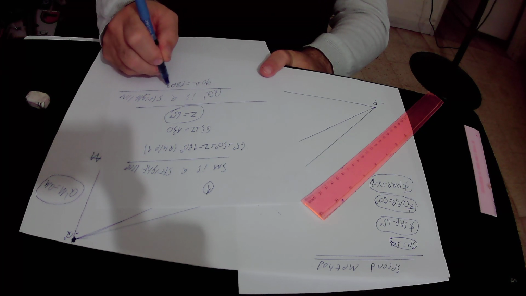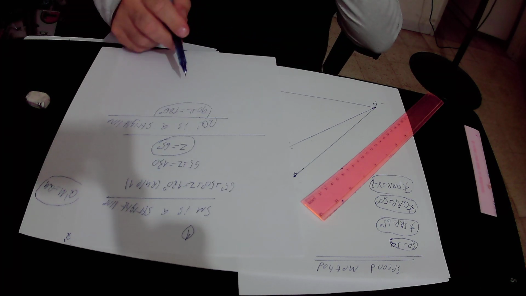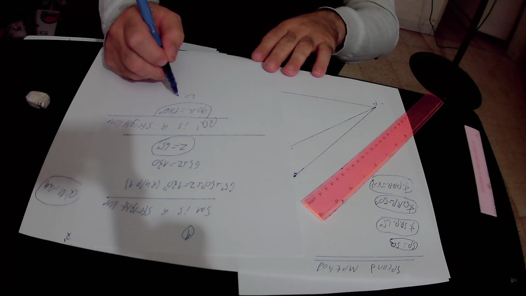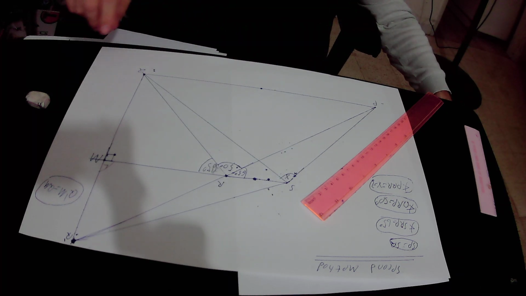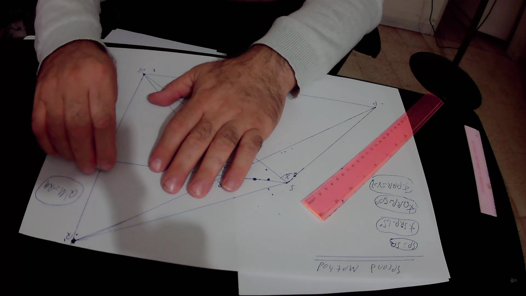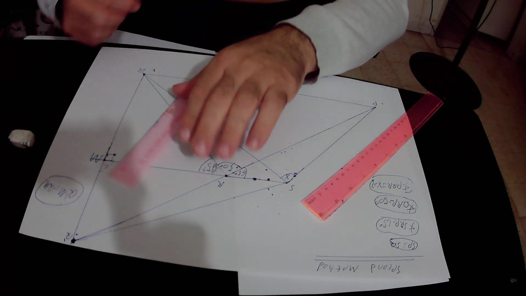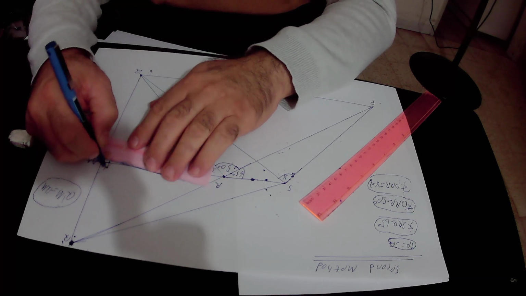Here we will subtract 90 degrees from this equality and we will get that L equals 180 degrees minus 90 degrees, which is 90 degrees. So we found out that the size of angle L is equal to 90 degrees. Angle L is a right angle, so this angle is a right angle.